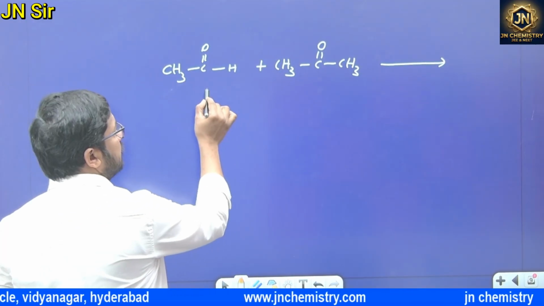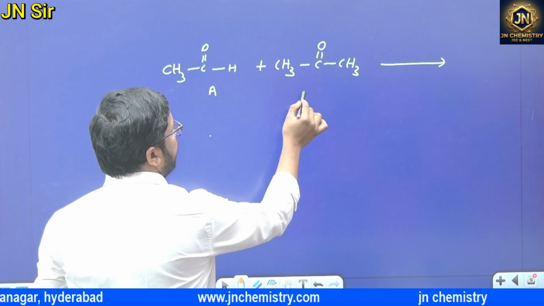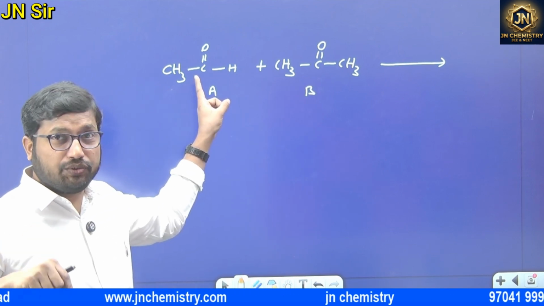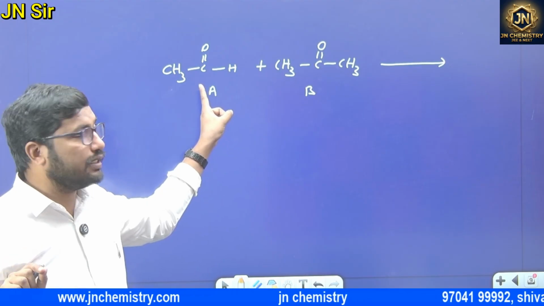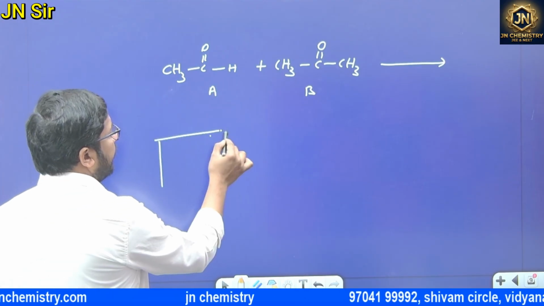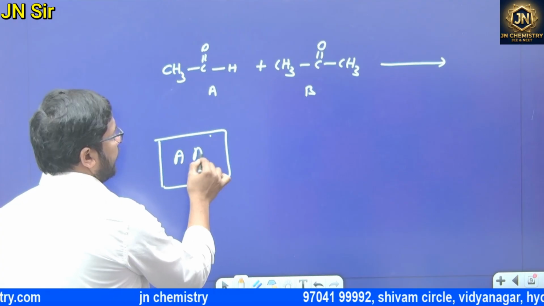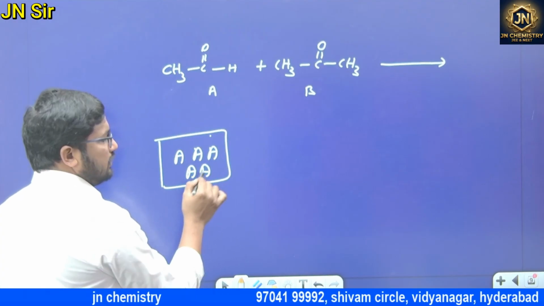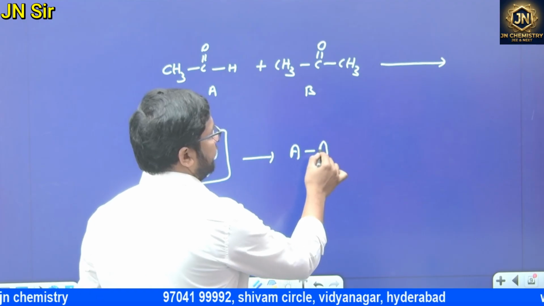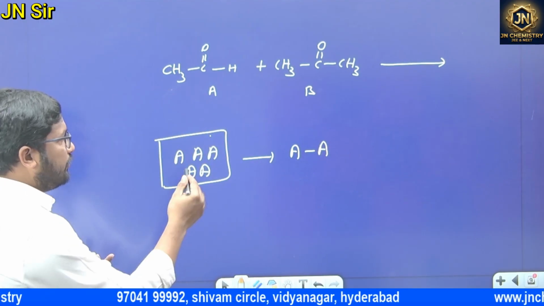Simply try to understand, this is A and this is B. We are just taking 1 mole, which means 6.023 into 10 to the power of 23 molecules. Earlier, take one box, I'm taking only one type, A's. So what type of product did we get? AA type, simply.